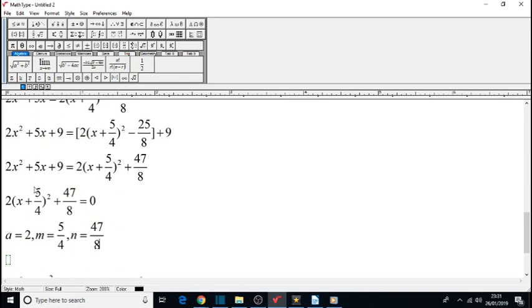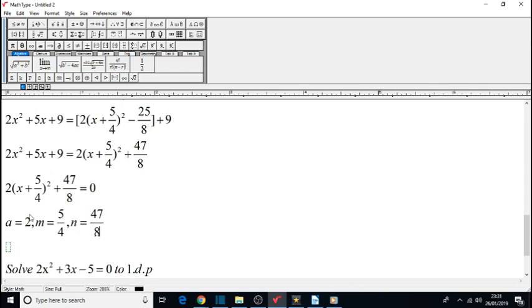And that is your first question that you've completed on how to solve a quadratic equation using completing the square when the coefficient of x squared is not 1.